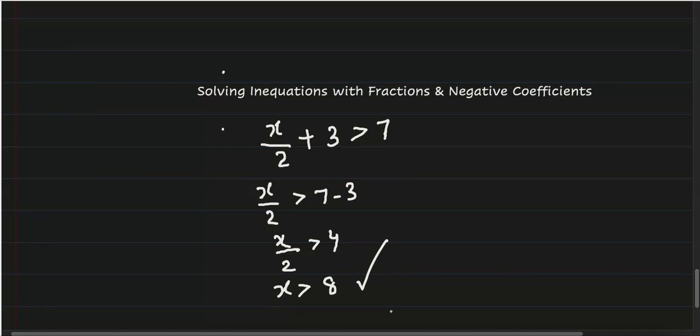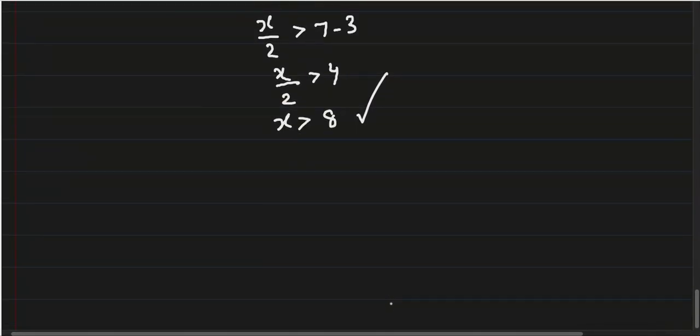Okay, moving ahead with our next problem. The next problem is negative 2x is greater than 8. What you will do here, since you have to remove this 2, this becomes negative x is greater than 8 over 2.